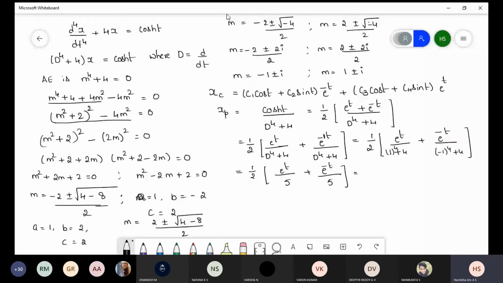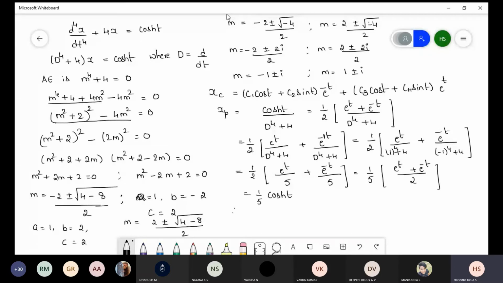I take this 2 inside, that is e power t plus e power minus t divided by 2. So this is the formula of cos hyperbolic t. So I can write here 1 by 5 into cos hyperbolic t.